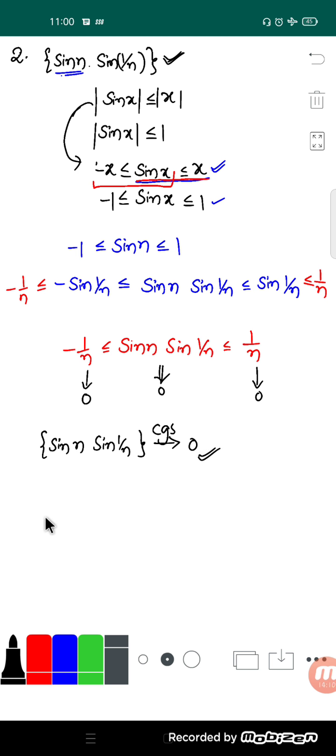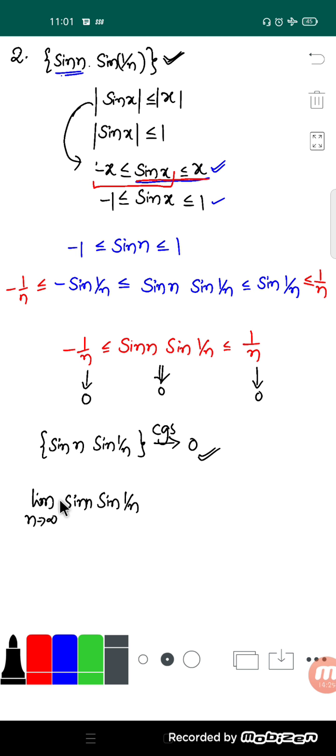Suppose you want to find it using limit finding techniques: the limit as n tends to infinity of sine n into sine 1 by n.